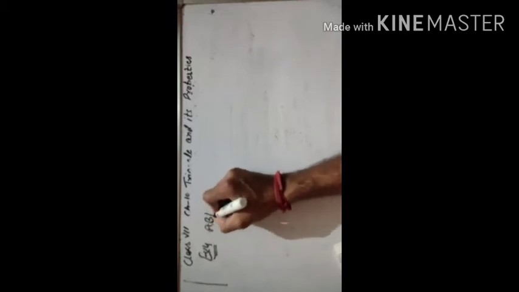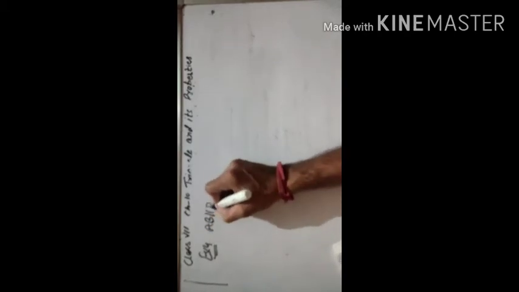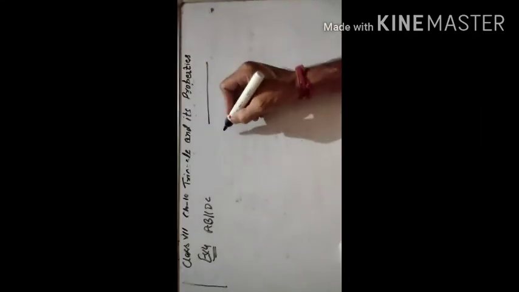Now example 4. Example 4 is: in the joining figure, AB is parallel to DC. The figure is given.